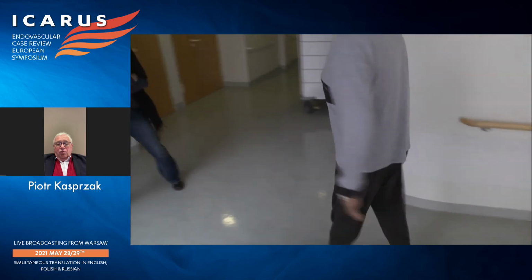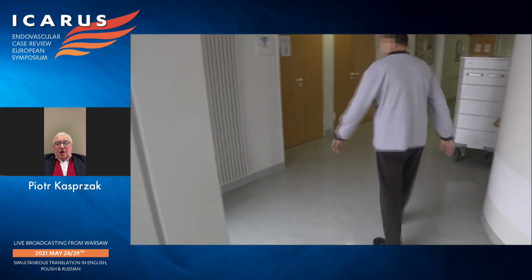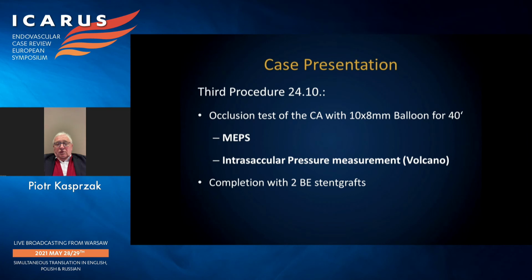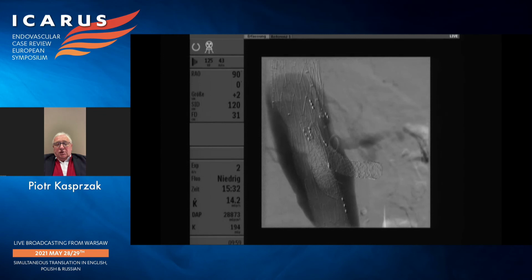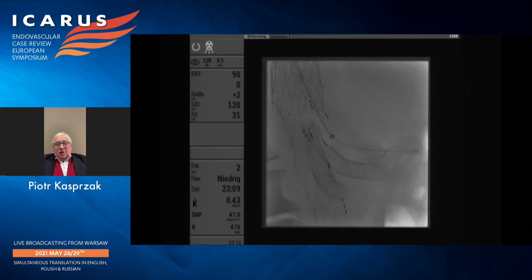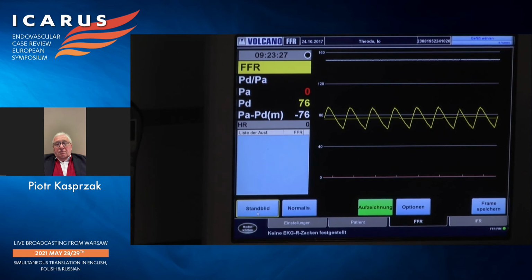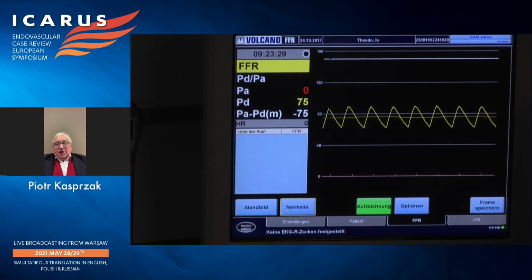This is the patient walking well after the first two procedures. The third one was just occluding the celiac trunk using MAPS and intravascular pressure measurement. You see the catheter in the branch of the celiac trunk, wire into the celiac trunk.